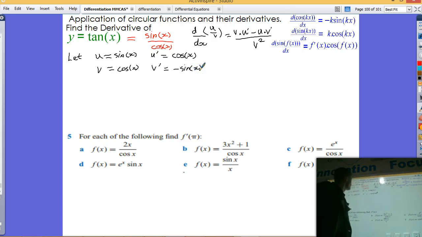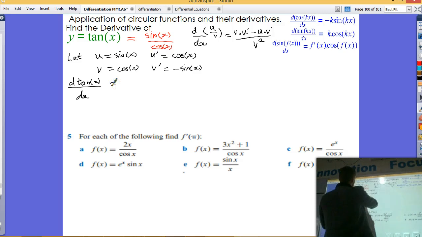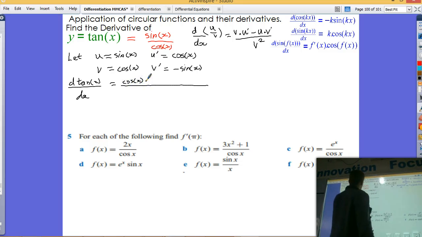Alrighty. Now let's put it all together into the rule for the quotient. I now have the derivative of the tangent function, which is my y. Well, that is v times u dash. So we take it here, put it all over a bracket, cos of x times u dash, which is also another cos of x.